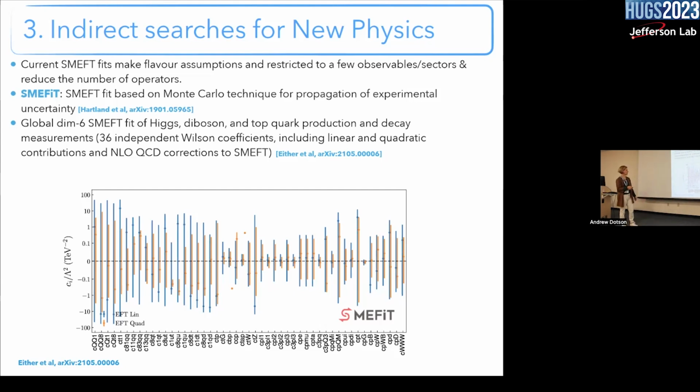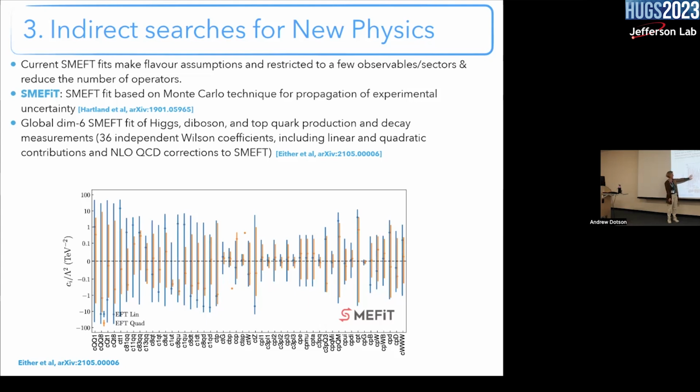Orange ones are a bit deep. The orange one, yeah, these here, exactly. This is the EFT quadratic, which is 1 over lambda to the 4th. People like Frank and Raja say you have to add dimension 8 if you want to go quadratic.